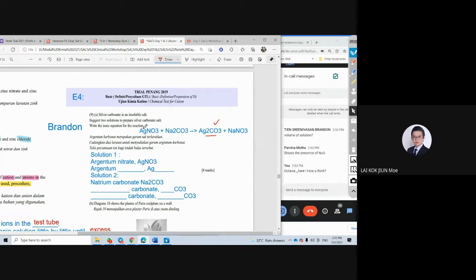Good. So you balance it already. Balance, yeah. You want to balance it. So I think not balanced yet, right? Here got Ag2. So this one suppose how many? Not yet balanced, right?